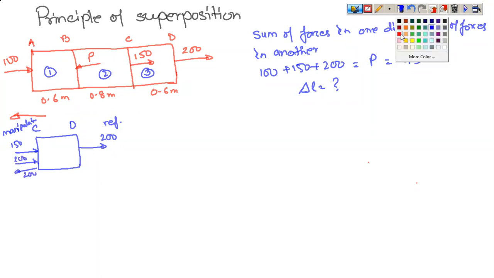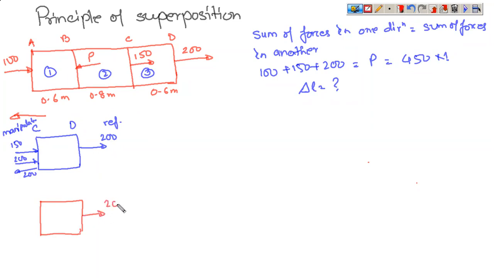So when you add and subtract 200, you get the final figure here as this is 200 and this is 200. So this and this have been utilized.